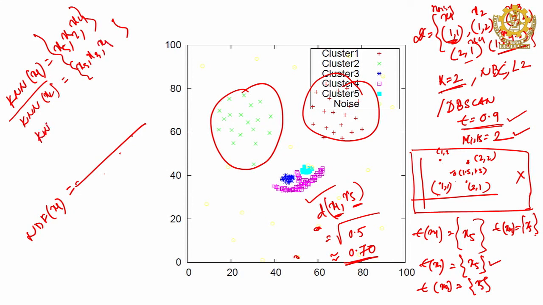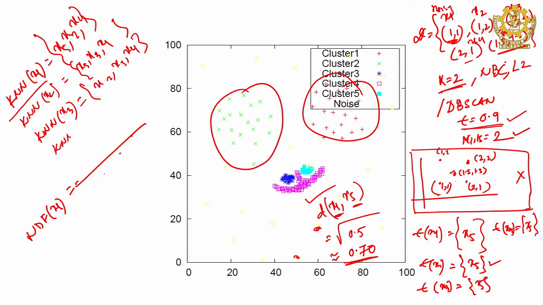And then KNN of x3. x3 is (2,2), and then (1,2), which point is that? x2, x5 and x4. So, x2, x5 and x4.